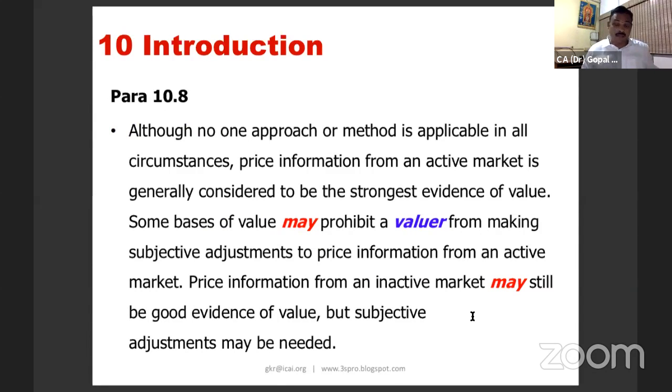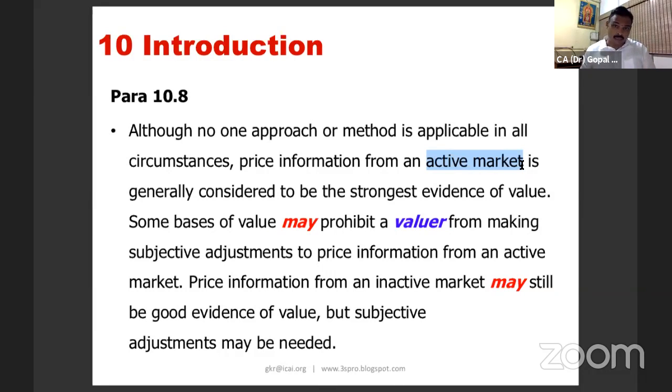Okay, this is a very important para, 10.8. Price information from an active market where transactions are done, very important, where the normal transactions are done, we call it an active market, is generally considered to be the strongest evidence of value. Okay, price information from an active market.